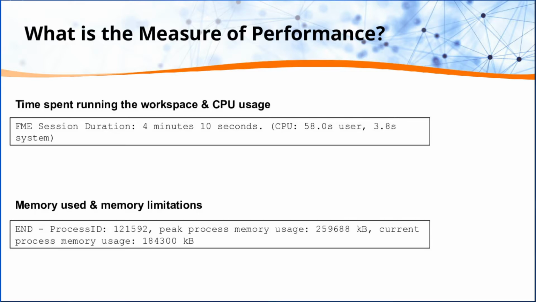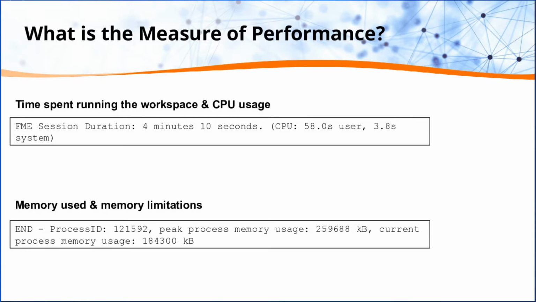One thing to note here is the CPU time versus the full session duration. The CPU time is time used by our computer's or machine's resources, and we can subtract this time from the total FME session duration to figure out how much time was spent on other processes.